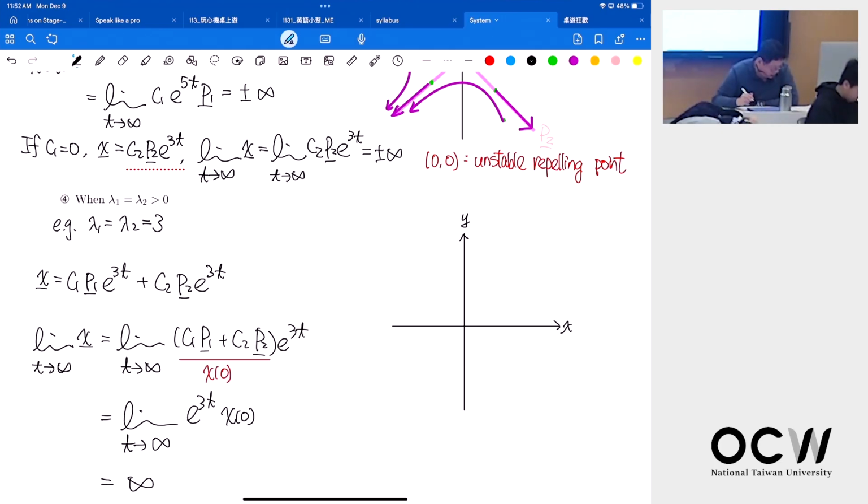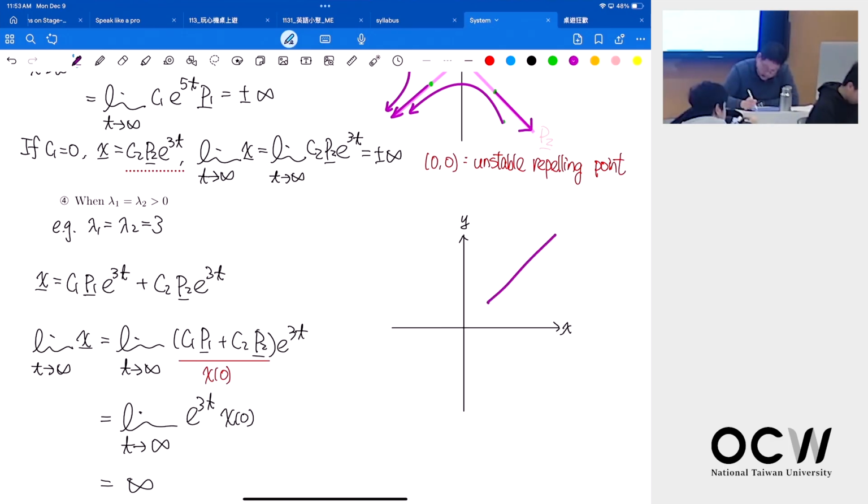So in this case, if my initial point is here, they will just go straight to infinity.